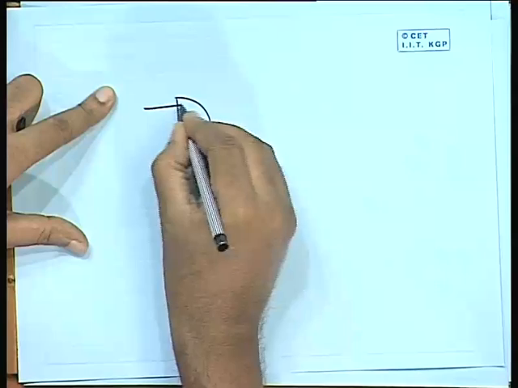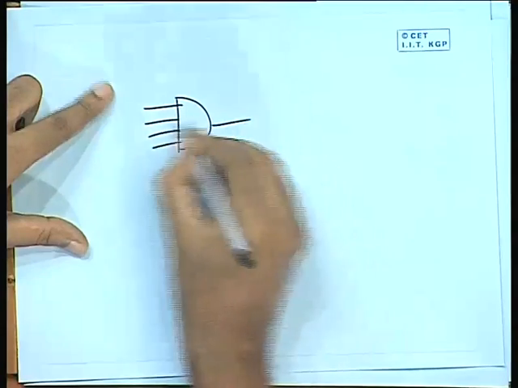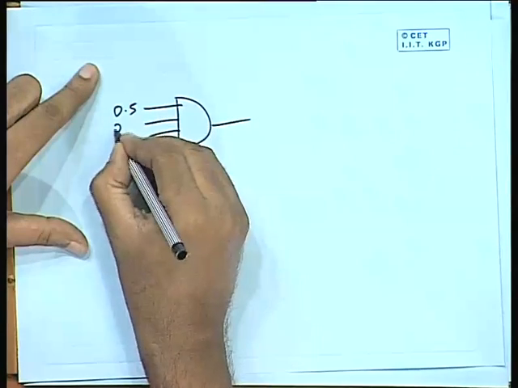Now, in order to test a 4 input AND gate, say for example, I want to test the output stuck at 0 fault. So, for testing the output stuck at 0 fault, I have to apply 1 in all the 4 inputs. Now, if the signal probability of each line is 0.5, I am saying that you have an AND gate, the signal probability of each line is 0.5.